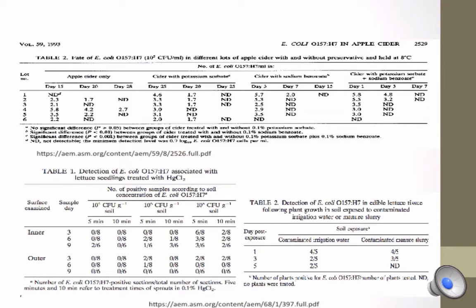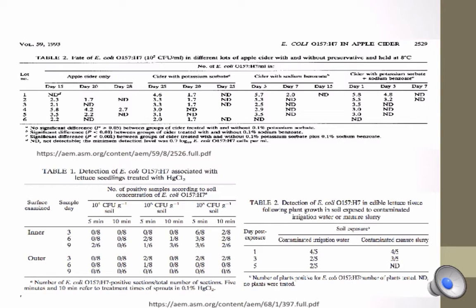This being because when they planted these seeds in this contaminated irrigation water or the contaminated manure slurry, they wrapped the lettuce in actual twine. This prevented the surface of the lettuce from touching the soil, and they wanted to see if this infected irrigation water or the contaminated manure slurry would actually take root, and then by that root go into the lettuce and then spread out into actual edible parts of the lettuce.